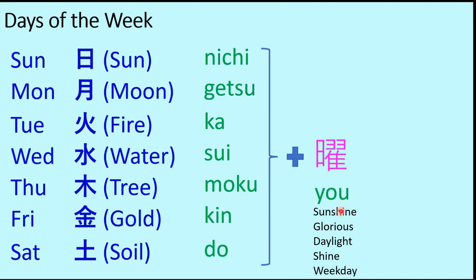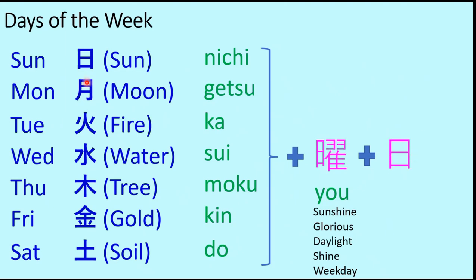So these are different interpretations of this symbol. Even with this symbol together with this, it still doesn't give the meaning of a day. So we need to add something more, and that is the kanji for day.